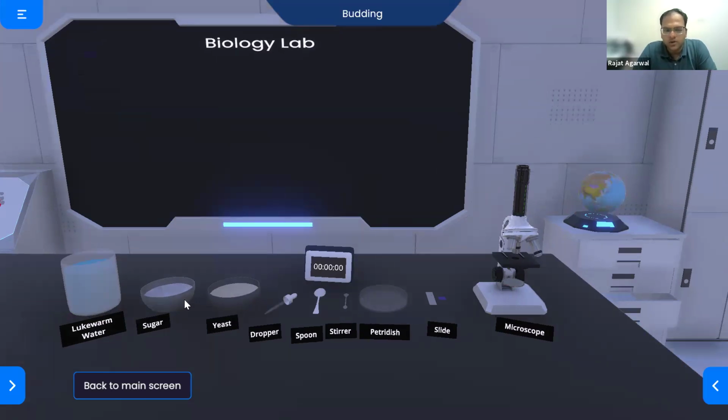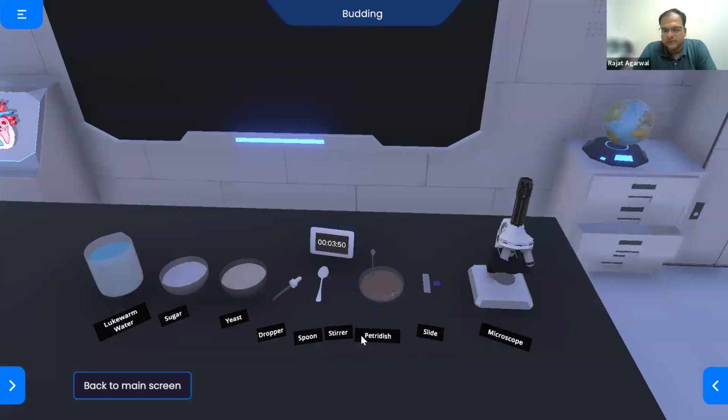Okay, so what have we done? We've taken lukewarm water in a petri dish. We're taking some sugar, and sugar contains glucose, so that's the food source for yeast. And then we are adding some yeast to it in the petri dish. We take a stirrer and stir all the things together.